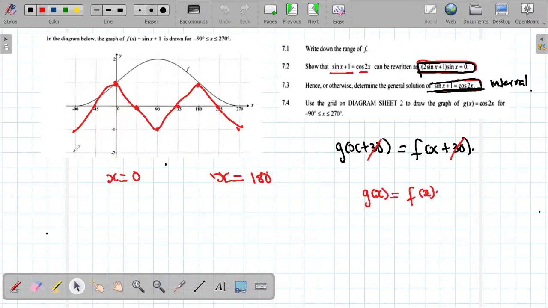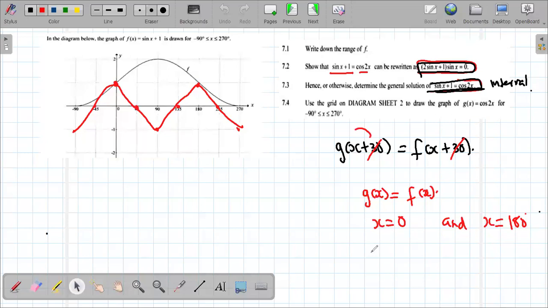Just forget about this 30 now. Where g of x equals f of x is only 2 points: at x equals 0 and x equals 180. So what are they meaning? Shift the graph 30 units to the left.